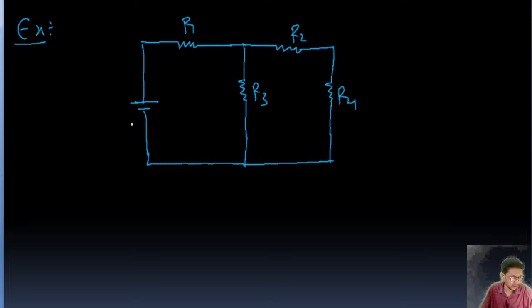This is voltage E. So we'll solve it. We need to find the current in this circuit. First you can see R1. R2 is in series with R4, right? So then the equivalent circuit is going to be like this.